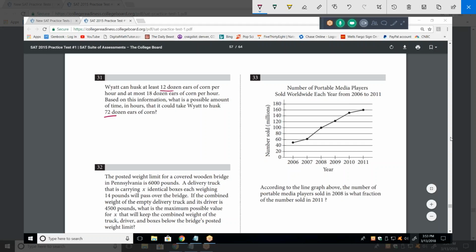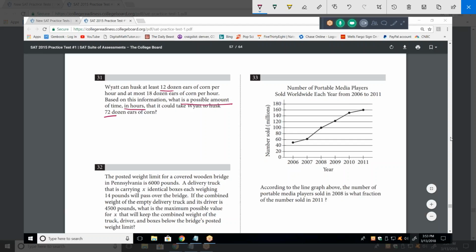You got your calculator in front of you? Okay. So how many hours would it be to do 12? What is the possible amount in hours for him to shuck 72? Don't be fooled by the dozen.